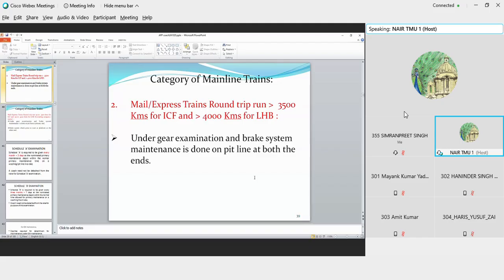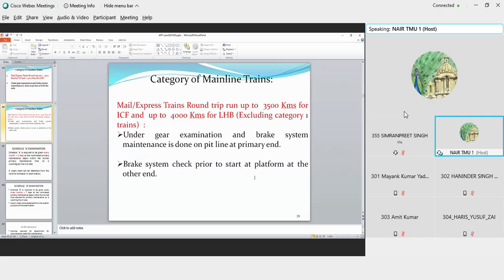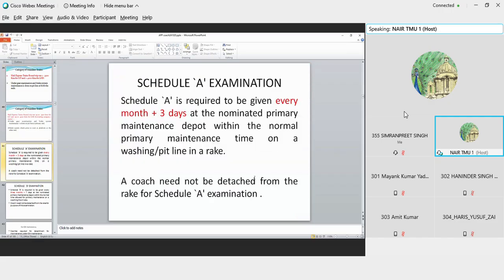But the rake consists of coaches and there are individual schedules for these coaches. So these coaches are defined in the case of ICF in Schedule A, Schedule B and Schedule C. Schedule A is supposed to be given every month with a grace period of 3 days. We do all the items which are covered under the normal pit line attention.